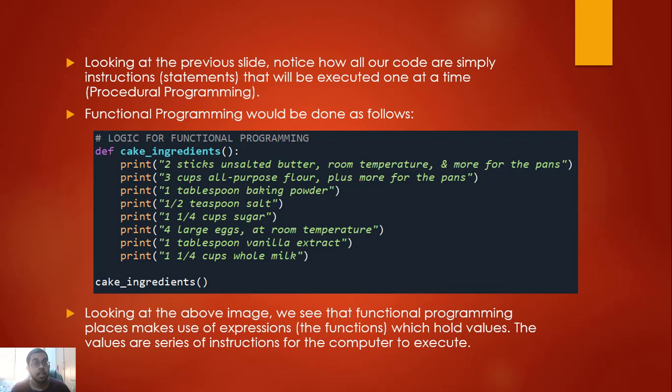Procedural programming. Functional programming would be done as follows. Looking at the above image, we see that functional programming makes use of expressions, functions, which hold values. The values are series of instructions for the computer to execute.